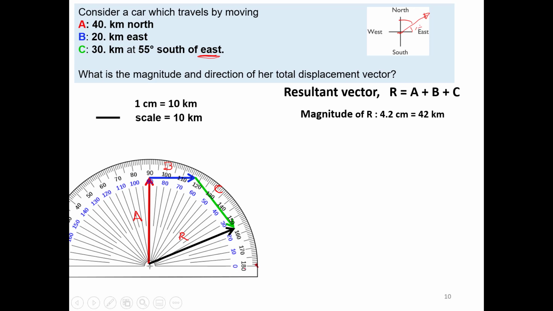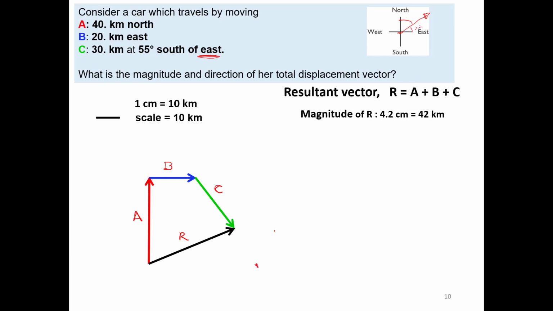Then now we have 24. Now we can say the direction of this vector is 24 because we start measuring from east, so this is why it's north of east.